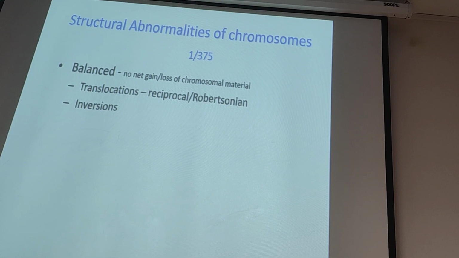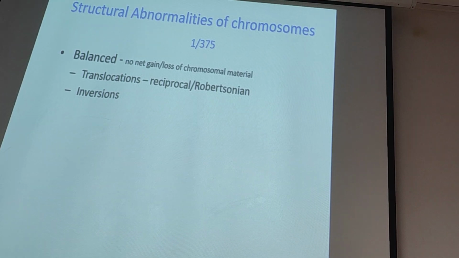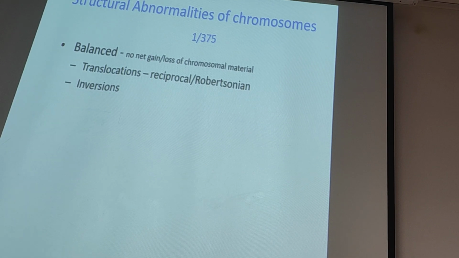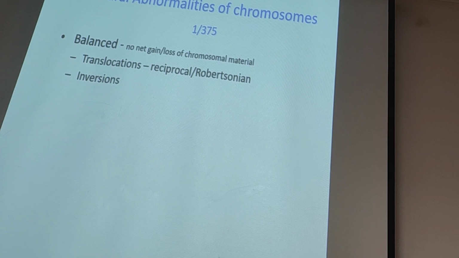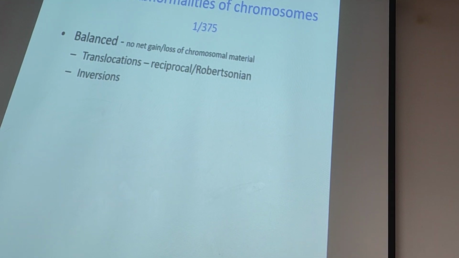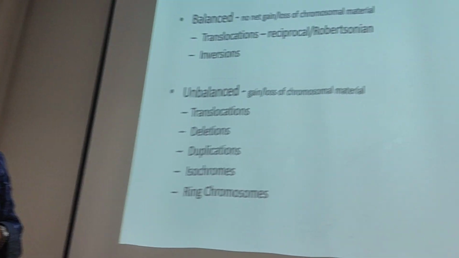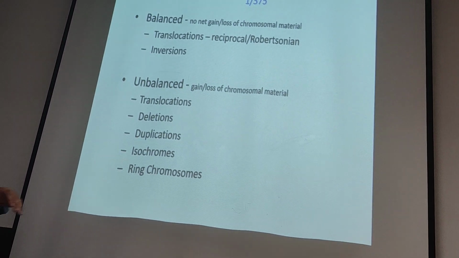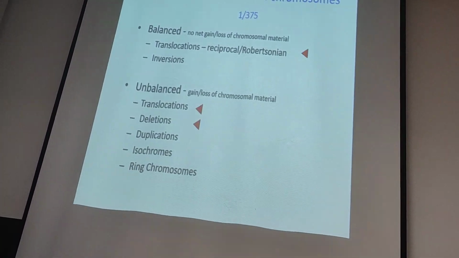The frequency seems to be important. 1 in 375 means when you help 1,000 ladies with delivery, 3 of them have a structural chromosomal abnormality in 1,000. Is it balanced or is it unbalanced? Deletion, duplication, isochromosome, and ring chromosome. These are very rare. I'm not going to go further, but you can read them in the book.